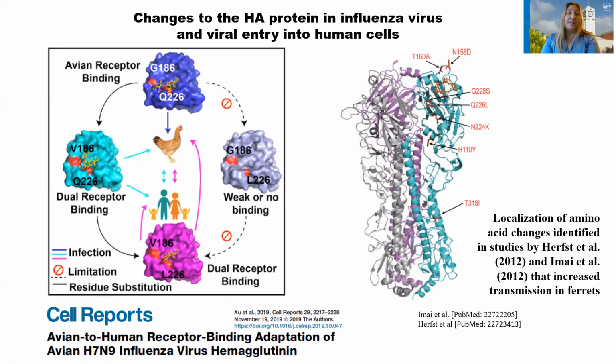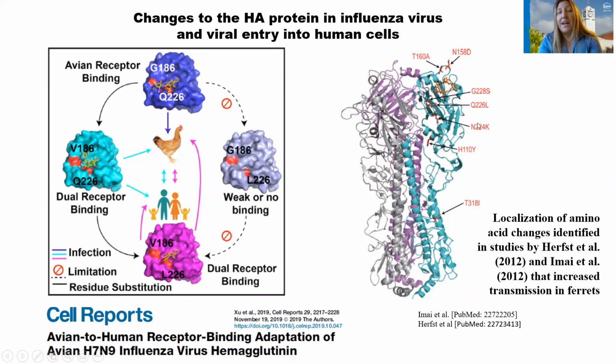And so for influenza, we know other amino acids that are important for the HA surface protein to make it compatible with replication in human cells. Some of these sites are known, and they allow the viral HA to bind to the human receptor.